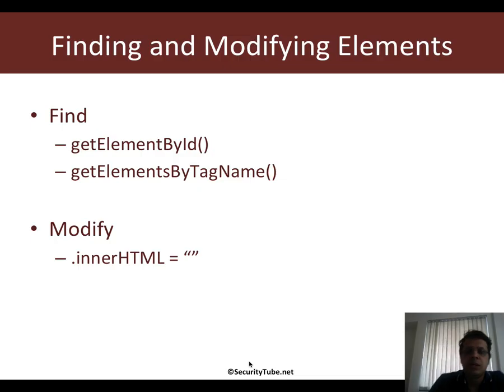Now, what is interesting to us from a security perspective is, let's say once we find an XSS vulnerability on a given page, how do we find and modify certain elements of interest to us? So let me give you an example.